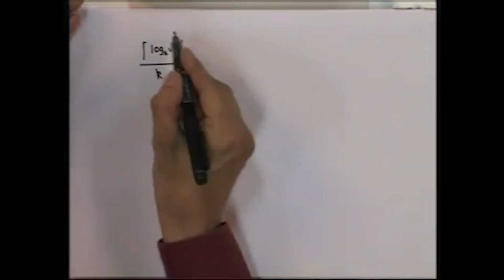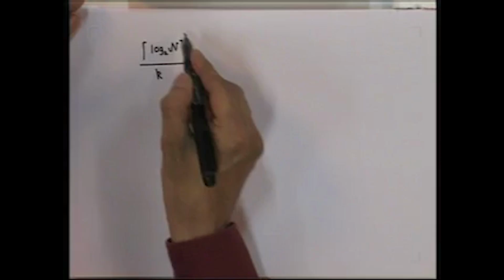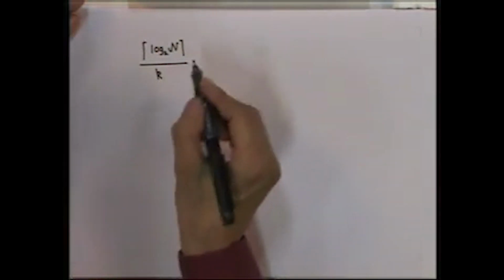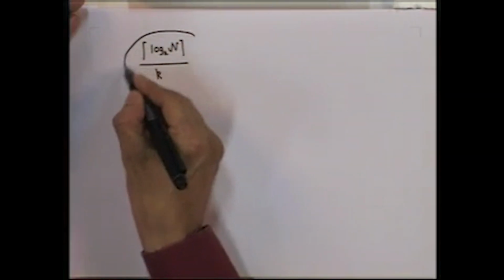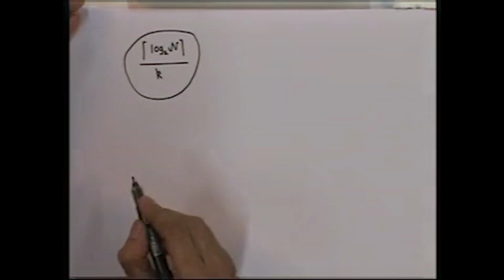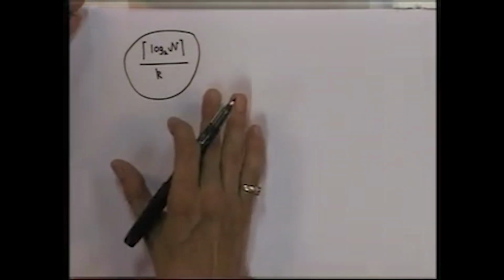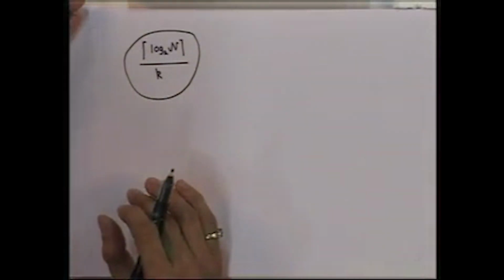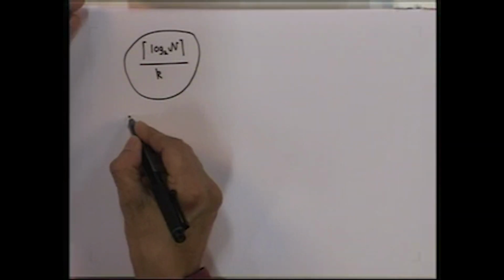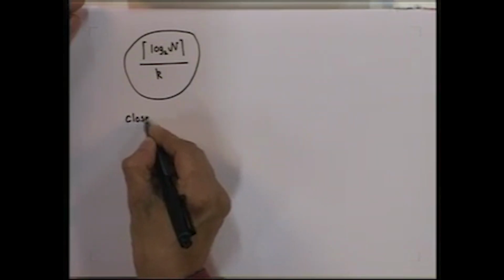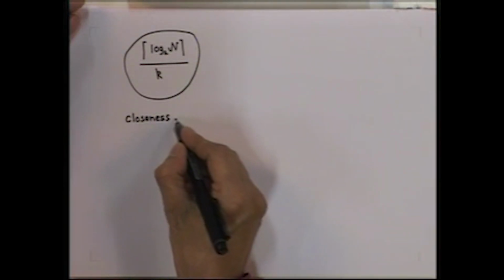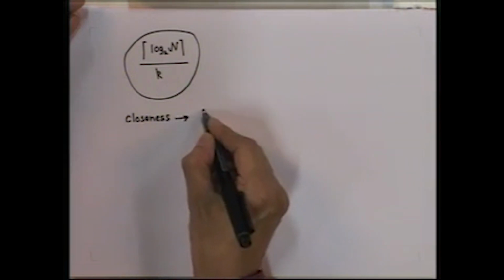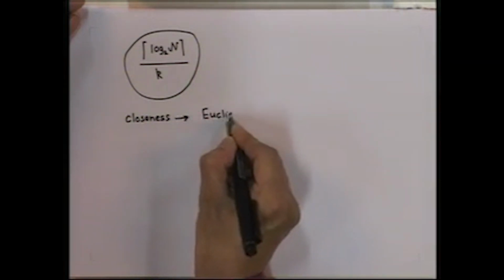Therefore, the rate for a k-dimensional vector quantizer with a code book of size n is given by this expression. Now, as stated earlier too, the measure of closeness which we will use is the Euclidean distance.